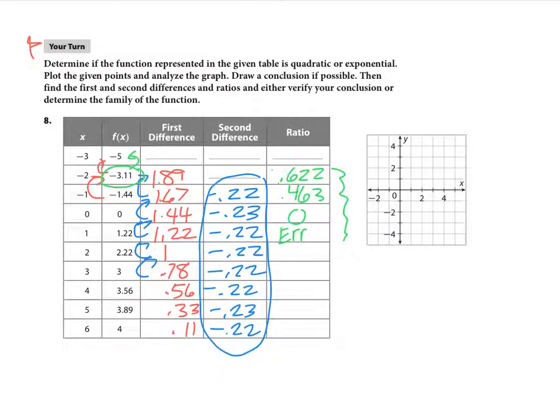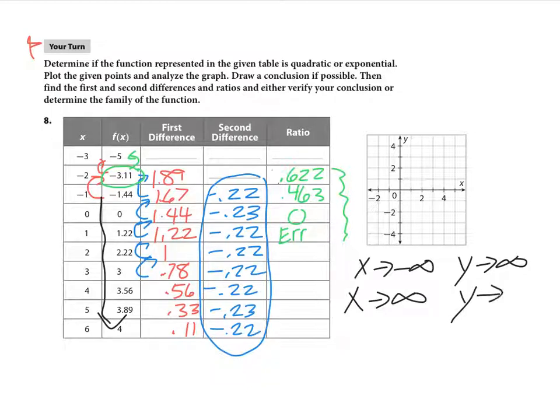Now, what we're actually going to do is, you could draw the points on the graph, and since you know it's a quadratic, you know it would curve up on the other end, and it's going to have infinite behavior on both ends. These are all going up, so that means since our values here are increasing as x goes to negative infinity, y is going to infinity, but also as x goes to positive infinity, y is going to infinity.